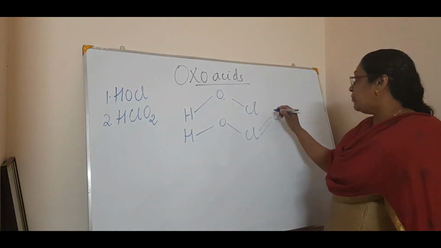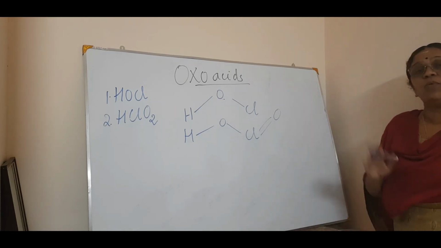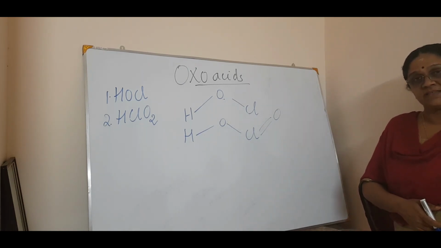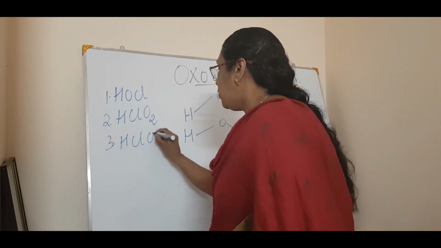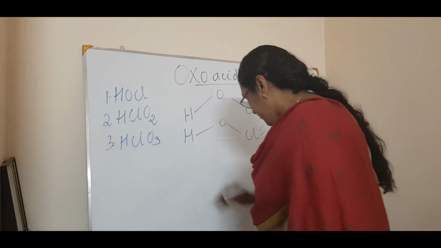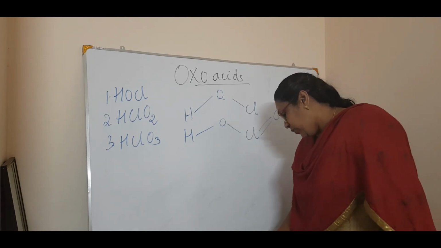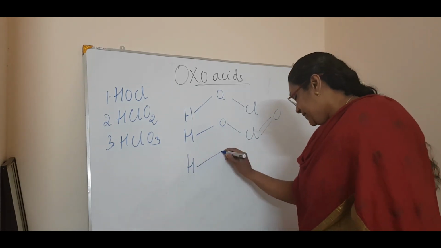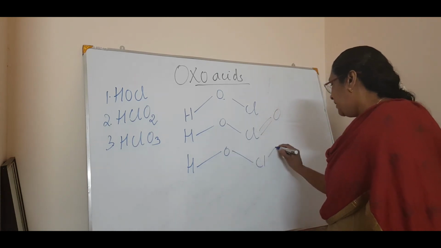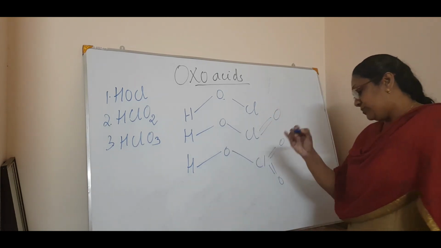Now you put only two. The second oxygen is with a double bond, O. Correct. Now next is HClO3. What is it? How will you go for it? HClO3, that is HOCl with two double bond O. See?